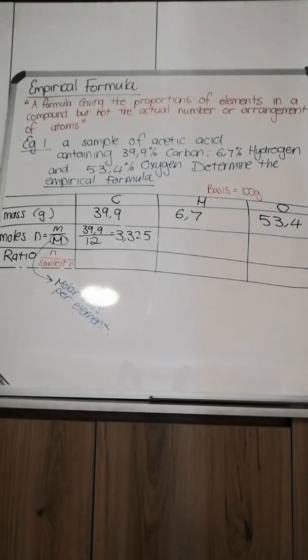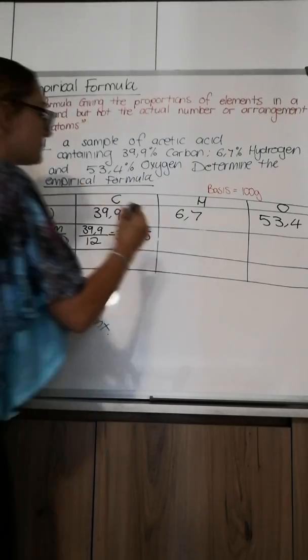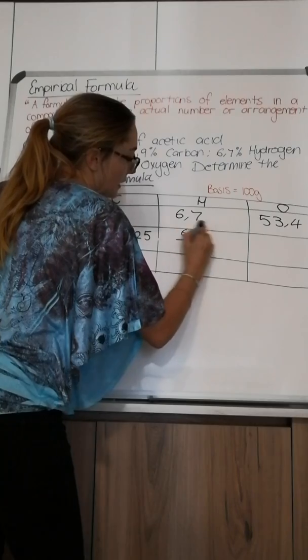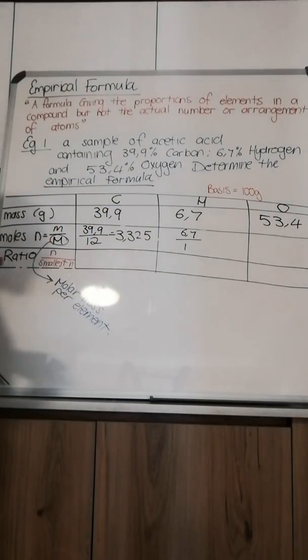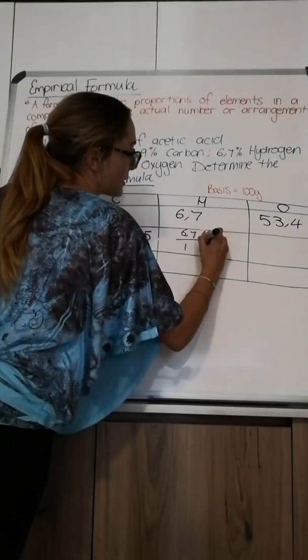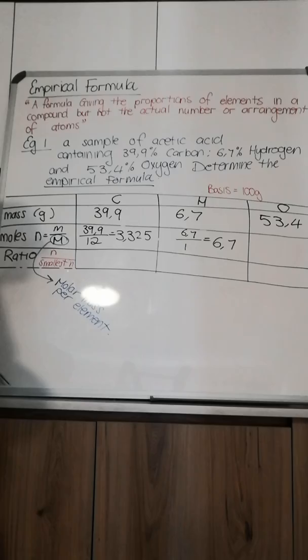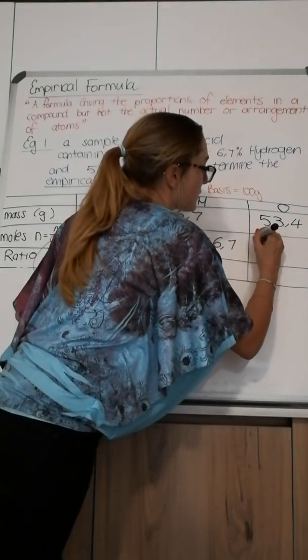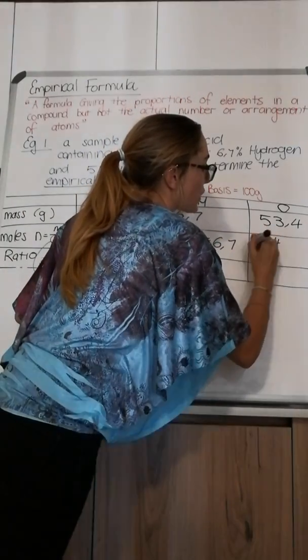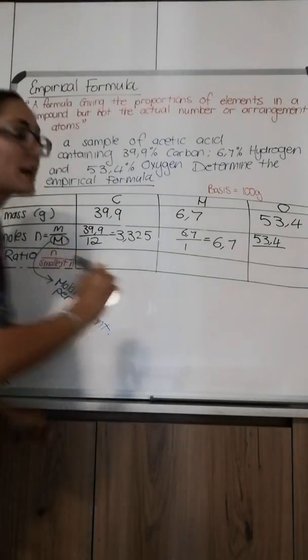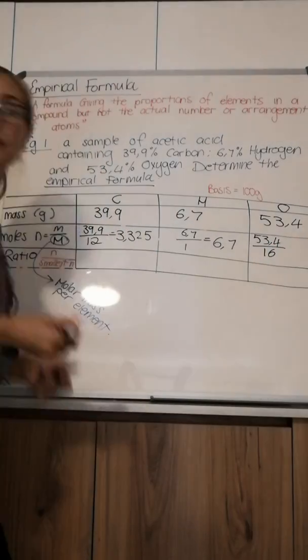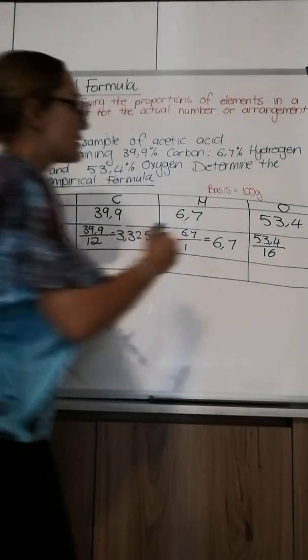Then hydrogen, we've got 6.7 grams of hydrogen. And depending on your periodic table, you might have 1 as the molar mass, you might have 1.01. We normally go with 1. And we divide and we get 6.7 moles of hydrogen. And now we're going to do the same thing for oxygen. We've got 53.4 grams of oxygen divided by its molar mass of 16. And we get 3.375.